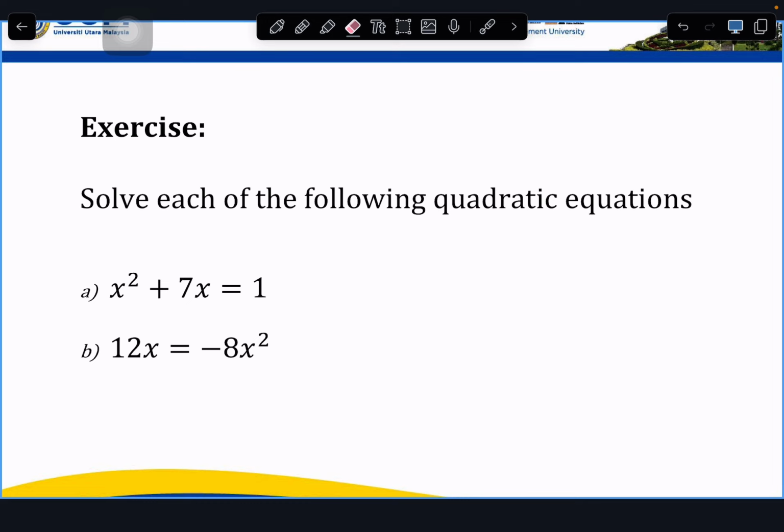Guys, biar minimum atau maximum? But these two they have maximum. Minimum.